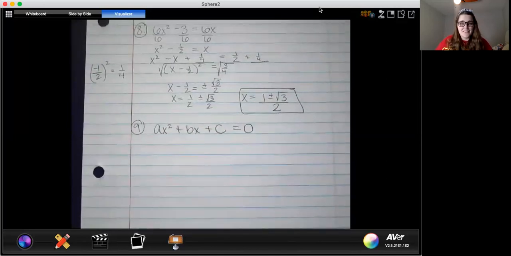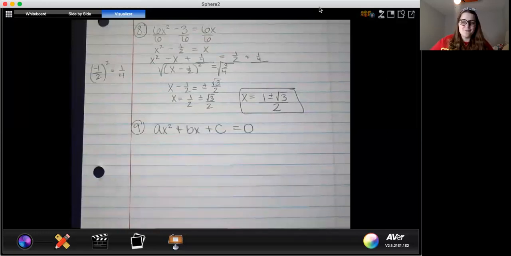You heard me right. Yes, ax squared plus bx plus c equals 0. We are going to complete the square with all variables. It's going to be fun. It's going to be tricky, educational, and fun. And I know you'll enjoy the end once we get to the end.